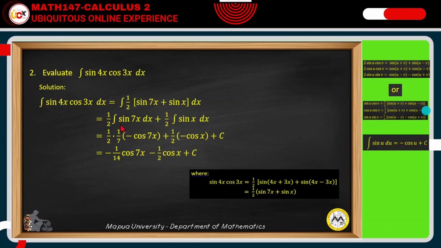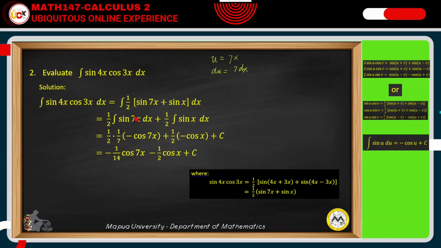And then to integrate sine 7x dx, we can make use of this formula that the integral of sine u du is negative cosine u plus the constant. Applying this formula, we let u be the argument of sine, which is 7x. Then taking the differentials of both sides, du is 7 dx.